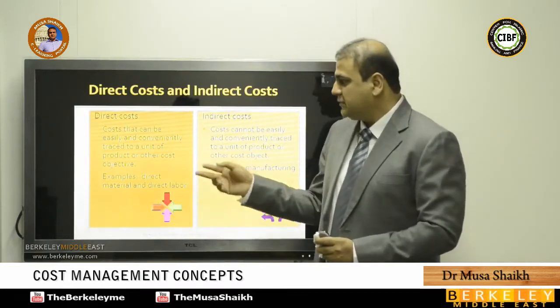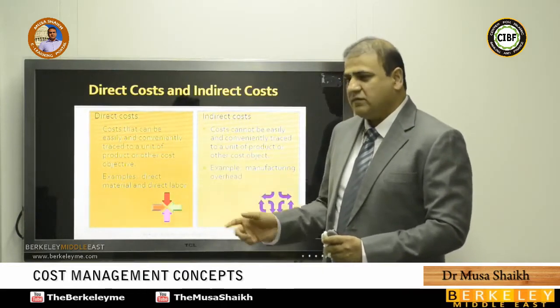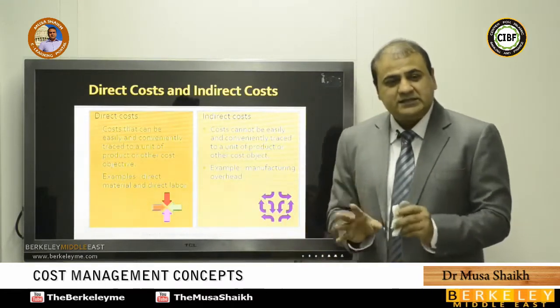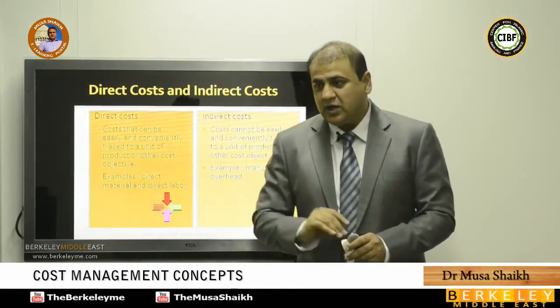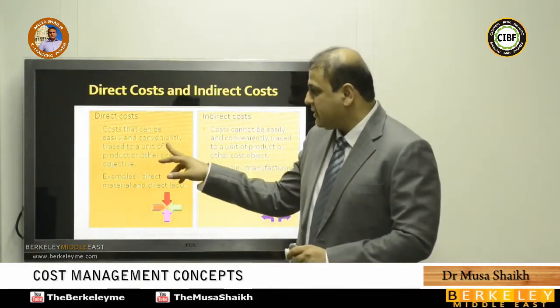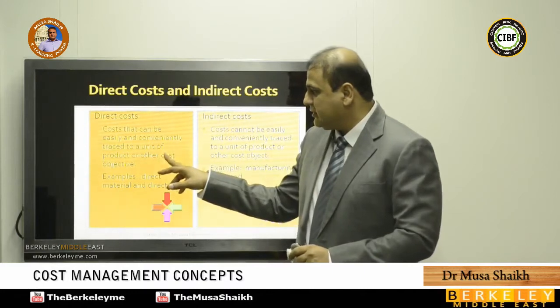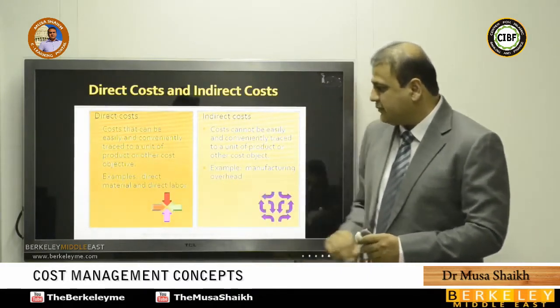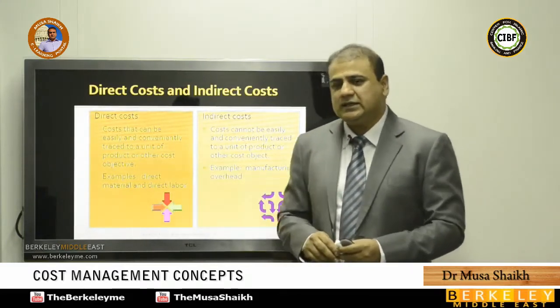This screen, for example, 1,000, some labor 200, I think to give them, they will fix it. This information is available, but how much the salaries are, I give you as an example. So he says cost can be easily and conveniently traced to a unit of product or any other cost object. The examples are direct material or direct labor.